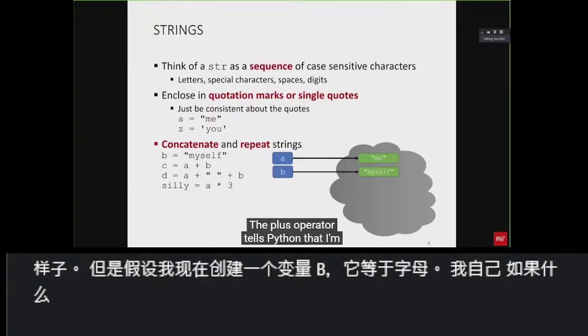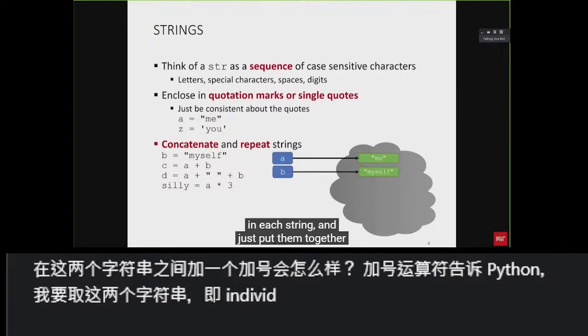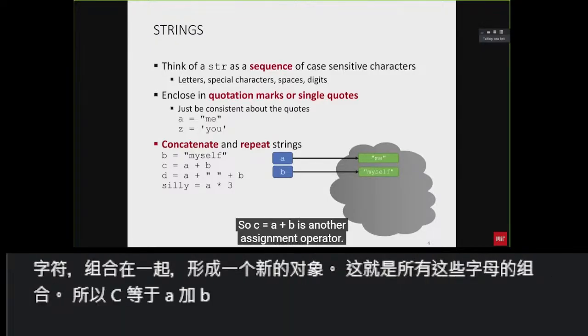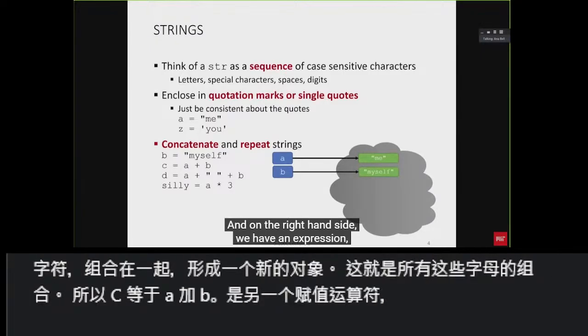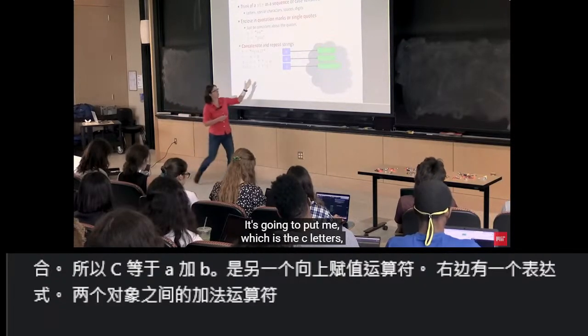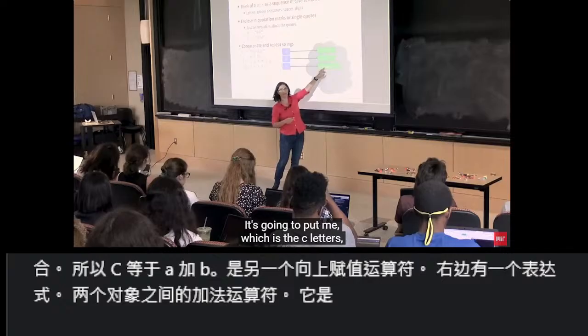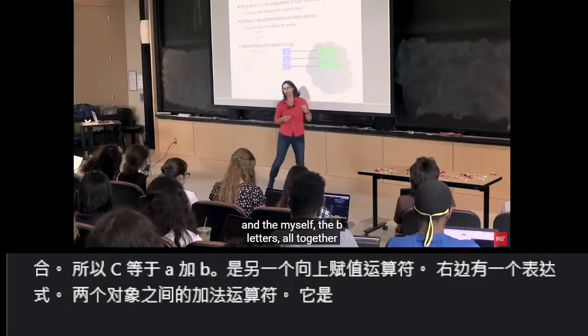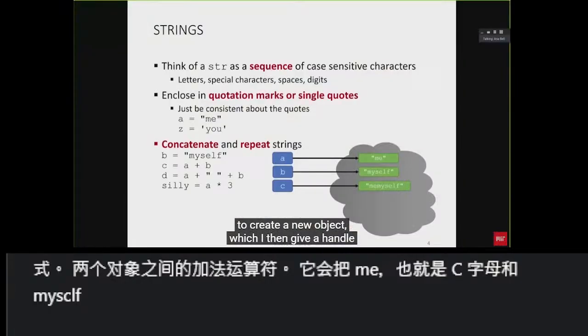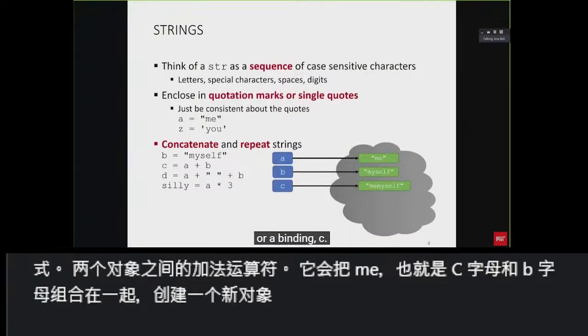The plus operator tells Python that I'm going to take these two strings, the individual characters in each string, and just put them together to make one new object that is all of these letters put together. So c is equal to a plus b is another assignment operator. And on the right-hand side, we have an expression, plus operator between two objects. It's going to put me, which is the a letters, and the myself, the b letters, all together to create a new object, which I then give a handle or a binding c.